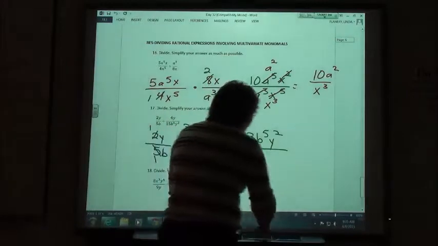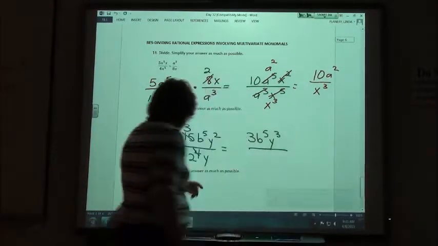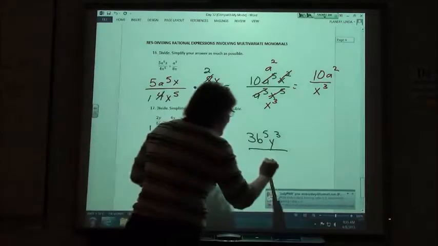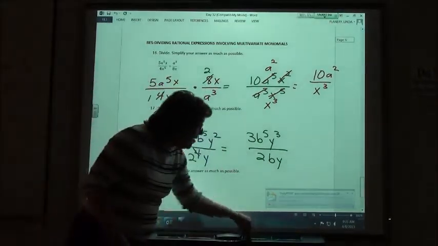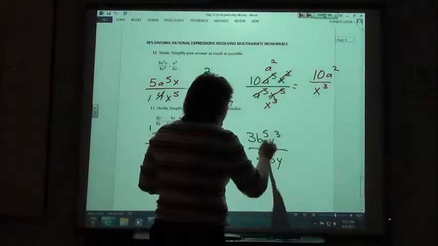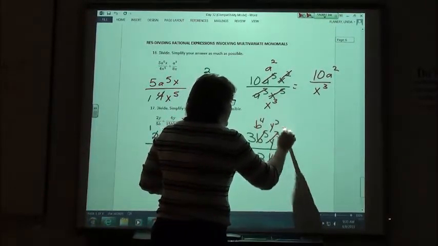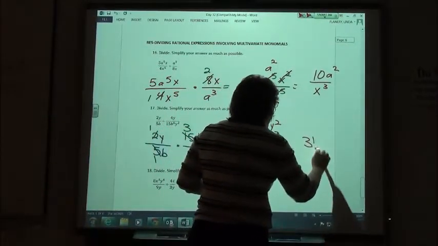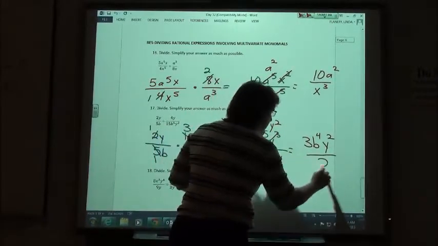You said 3rd. Yeah, and I wrote 2nd. 3rd. 2by and 2by. So on there we can cancel out 1b and 1y. So we have a b to the 4th and a y to the 2nd. So we get 3b to the 4th y squared over just a plain old 2.